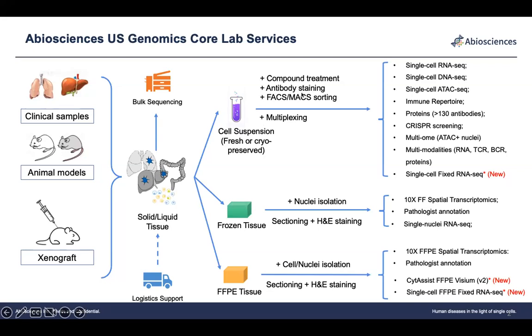We can also do FACS or magnetic bead sorting in order to enrich certain cell types. We can also do multiplexing. These samples are then proceeded into the single cell genomic work, and as you see here, we can handle multiple different applications, including single cell RNA-seq, single cell DNA-seq, ATAC-seq, and immune repertoire through the V(D)J-seq experiment.